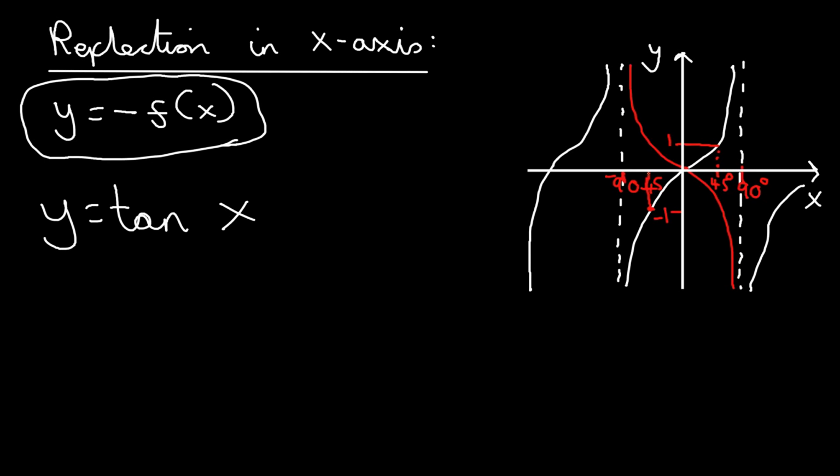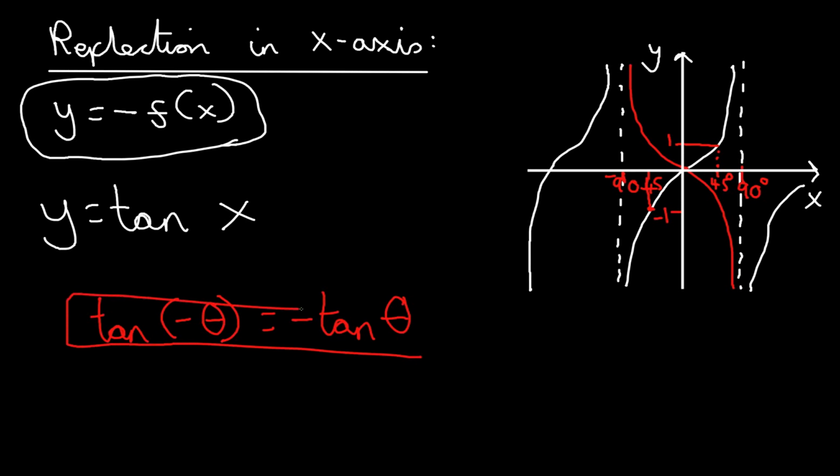So the tan of a negative angle is equal to the negative tan of that same angle. Isn't that beautiful? And that is a trigonometric identity.